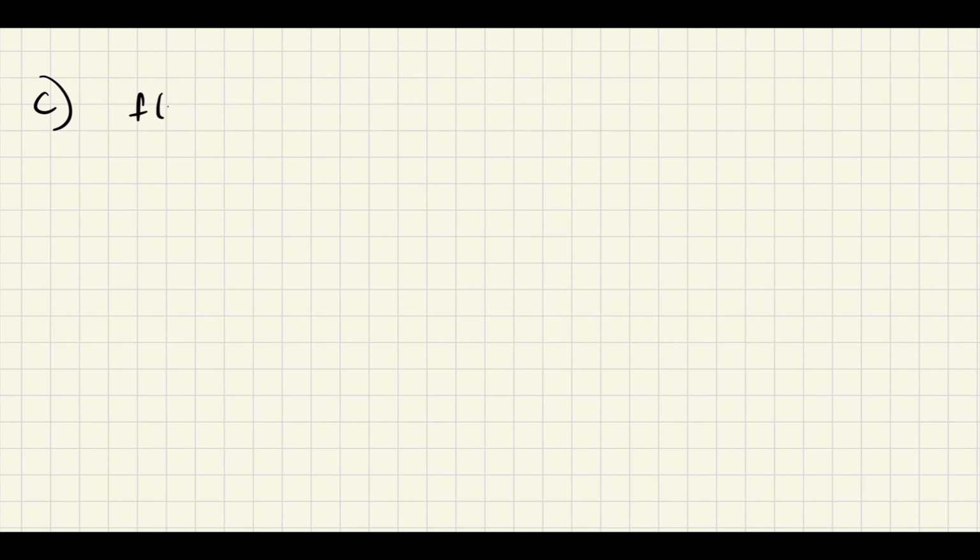You're checking continuity everywhere. So you get -2x, x squared minus 4x plus 1.